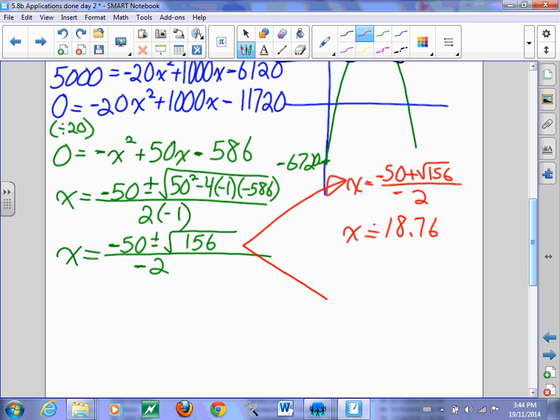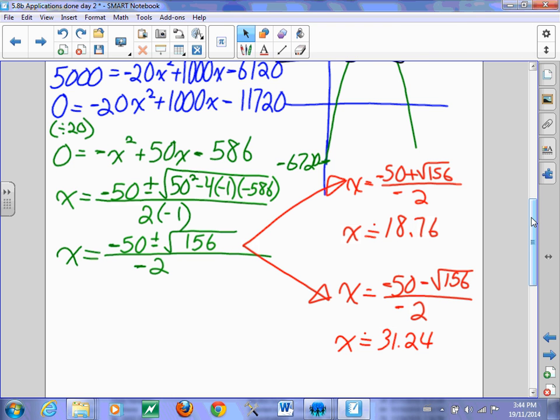Okay, get your second answer, which is negative 50 minus root 156, all divided by negative 2. Okay, and that gives you approximately 31.24.